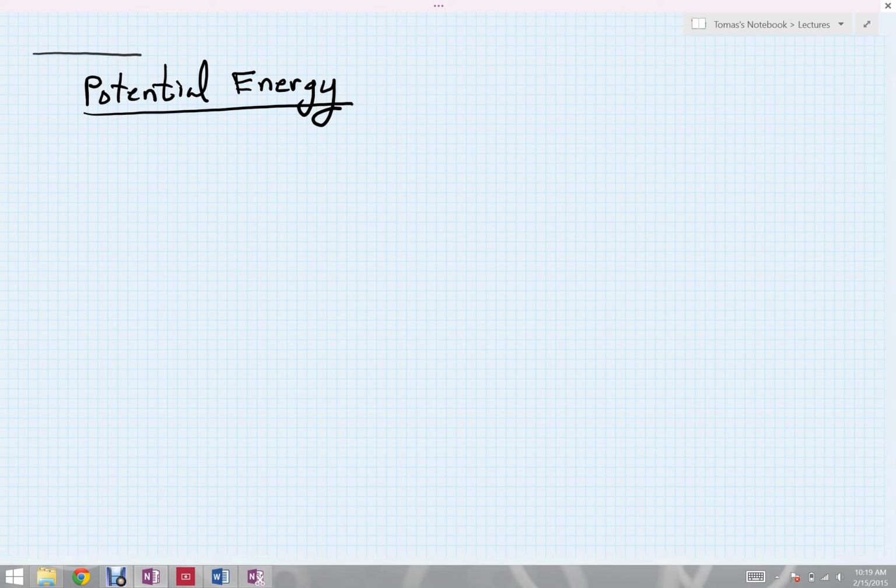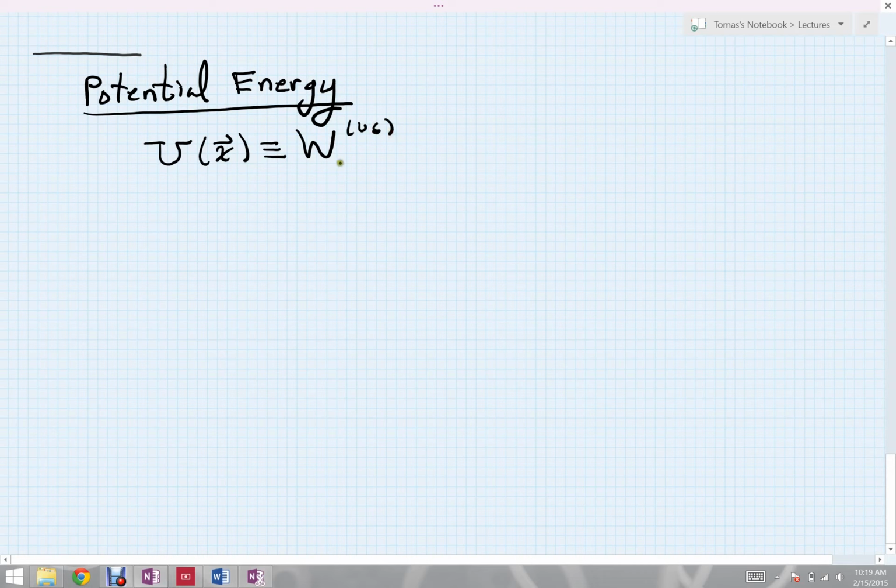You will recall that the mechanical definition of potential energy that we gave you was that the potential energy of an object at any point x we can get by computing the work needed to be done by us in order to get the object at point x from some standard agreed upon reference point.